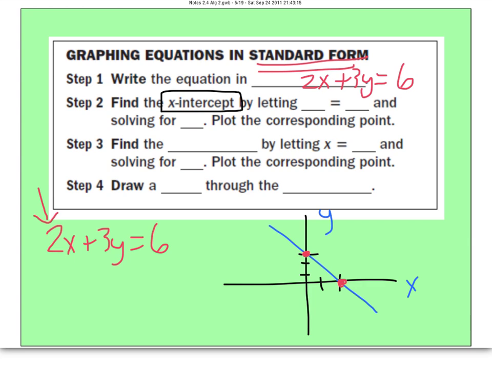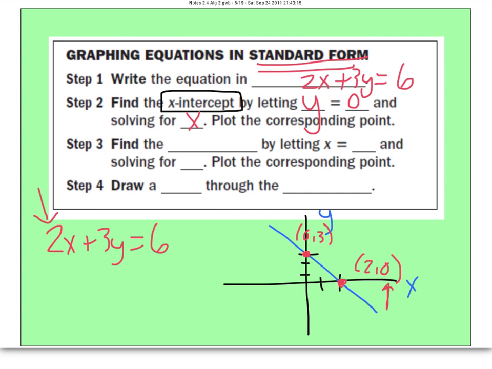This is the x-intercept, the ordered pair 2, 0. This is the y-intercept, the ordered pair 0, 3. What do you notice about the y value on the x-intercept? Well, it's 0. So to find any x-intercept, all you have to do is set y equal to 0 and solve for x.